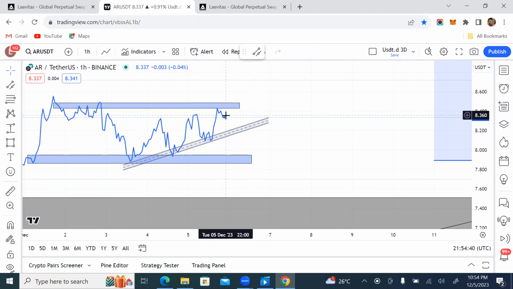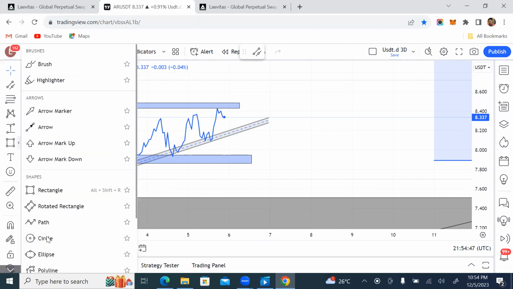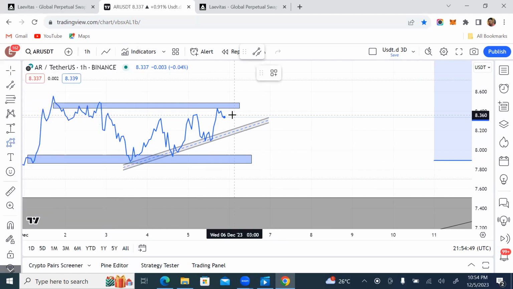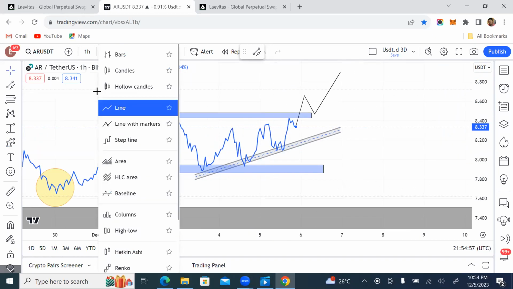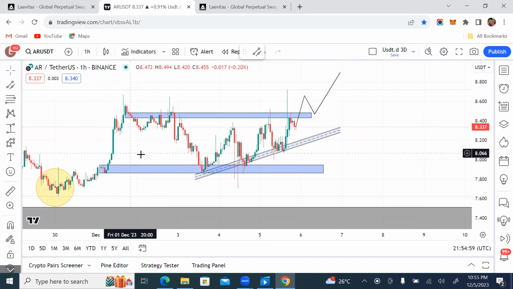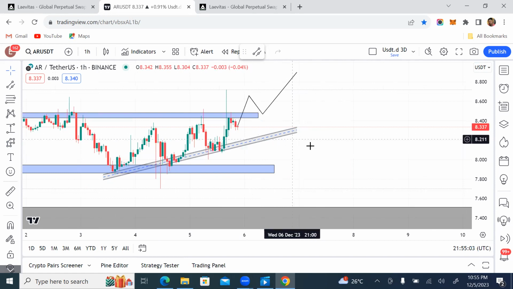So when we get a breakout from here, like so, then it'll be very obvious that this is moving towards the upside.